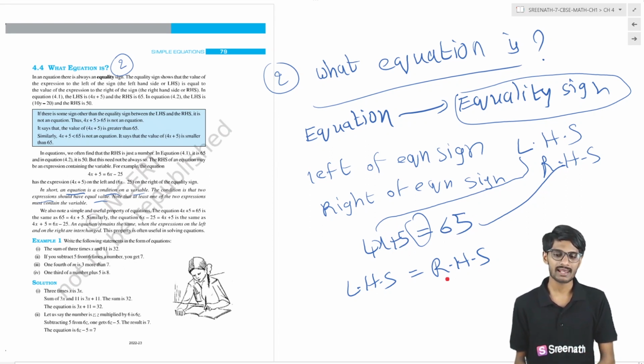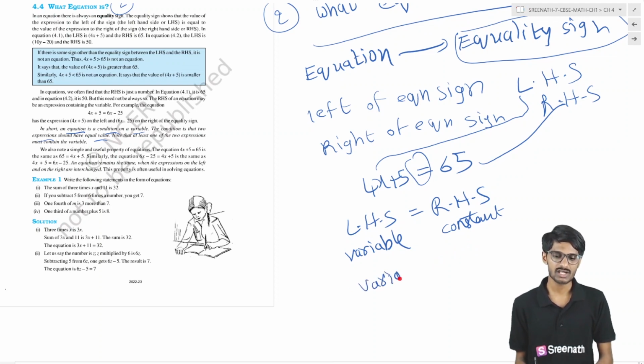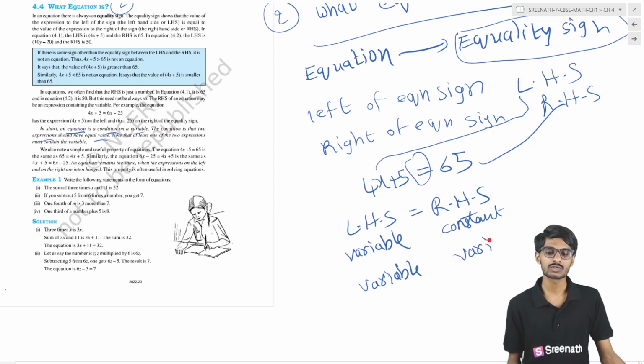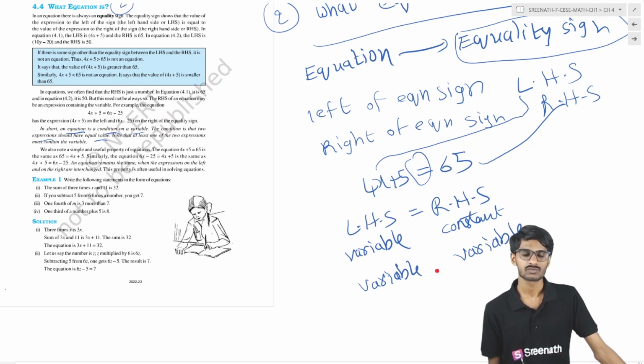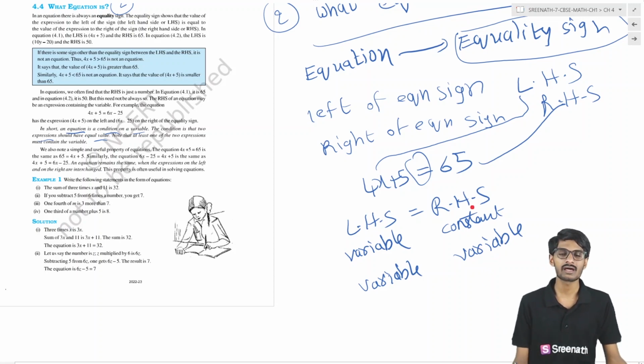On the LHS we have a variable and numerical values, and on the RHS we have a constant value, but the RHS may also have variables. There may be variables on the left side and on the right side also.